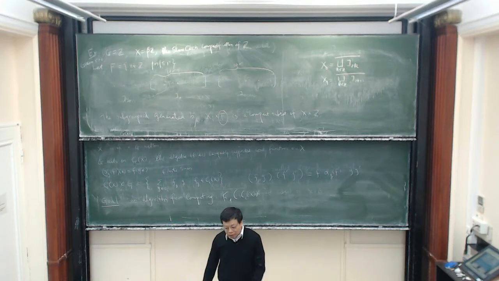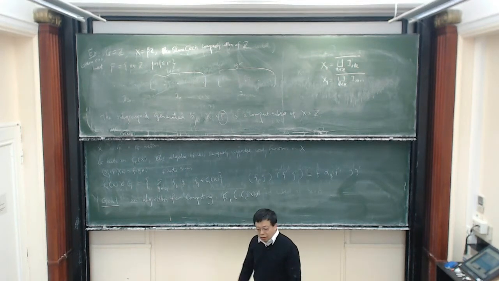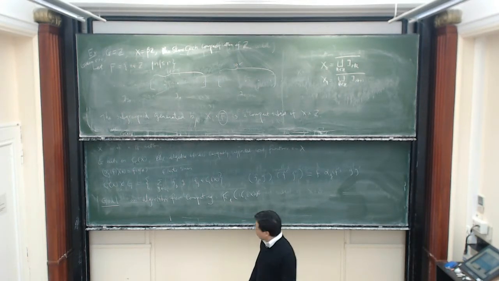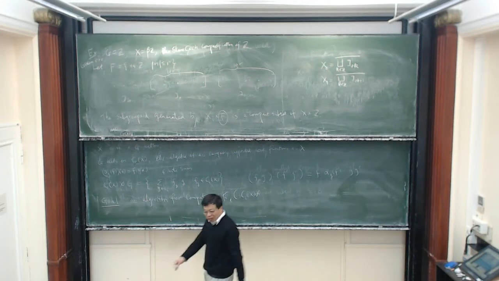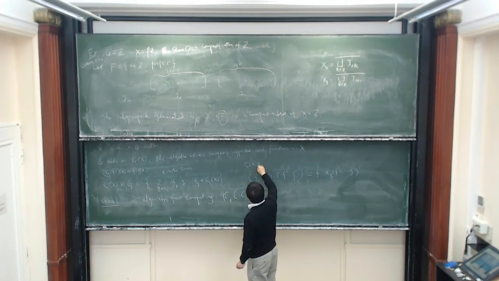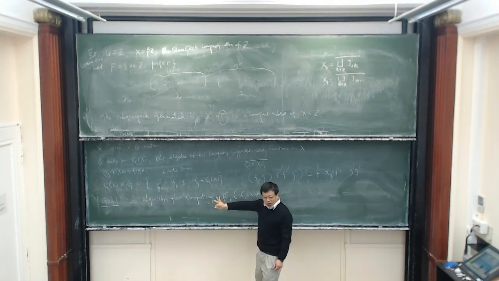This is just the algebraic semi-direct product. You're not completing. Actually, everything I said works for the completion. It's just that I'm trying to avoid the analysis. But if you would like to complete it, that's fine. Everything works for this.